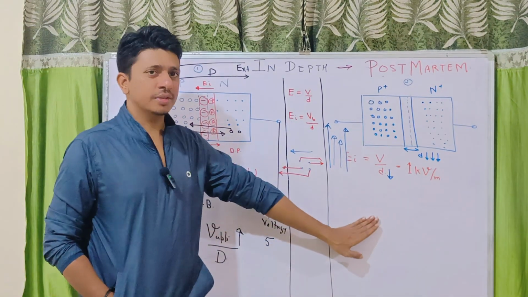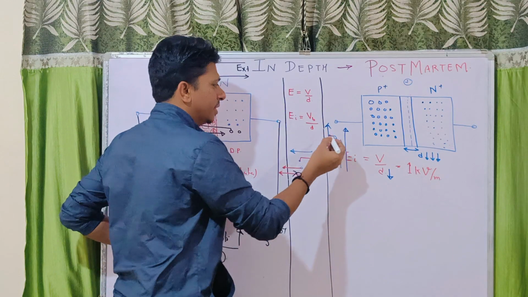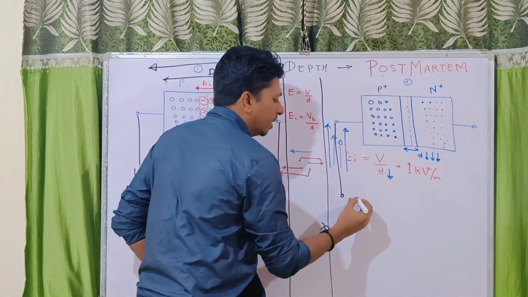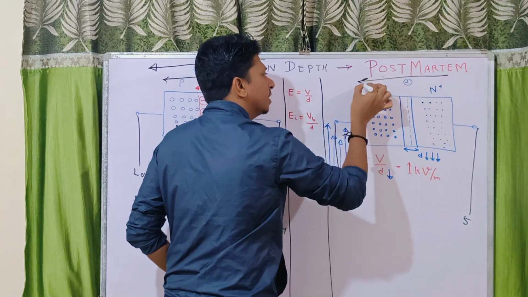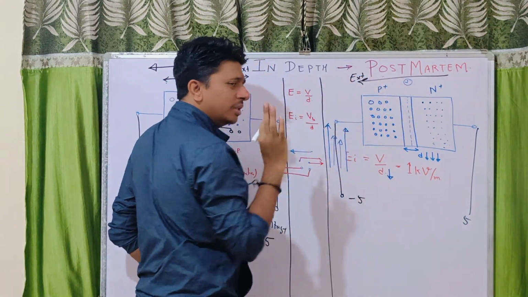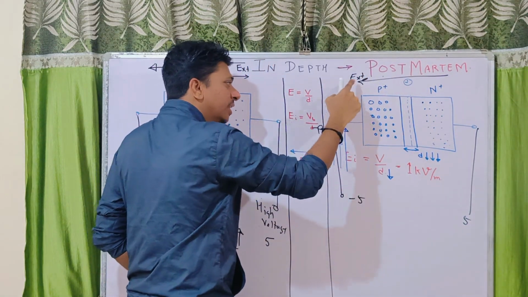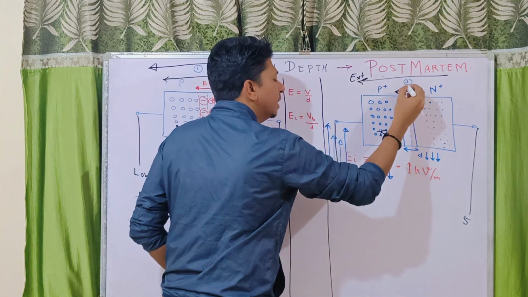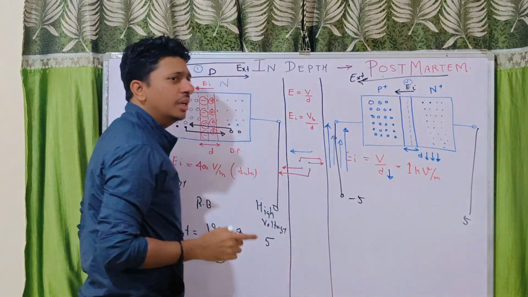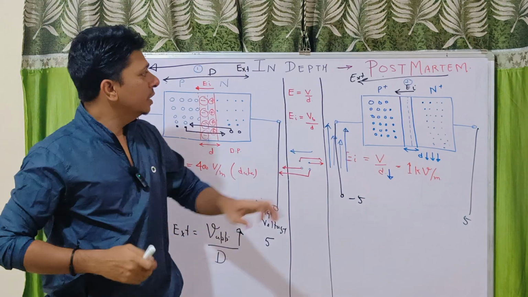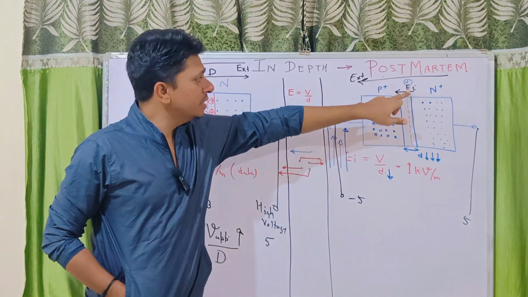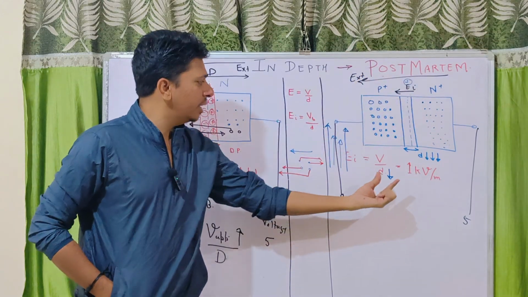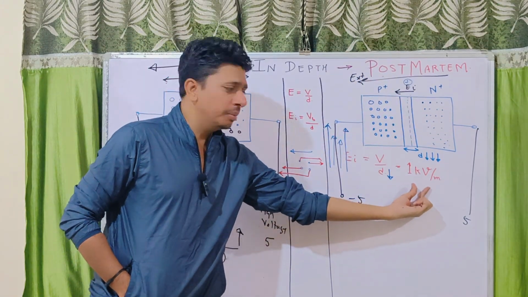But in this case, if you apply a reverse bias, then what will happen? The direction of the external field again is going to be the same. This external field definitely is going to increase the internal electric field, which is already at a value of 1000 volt per meter.